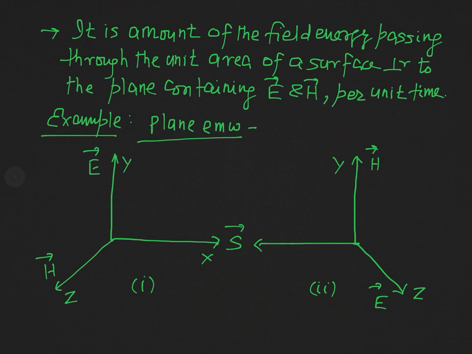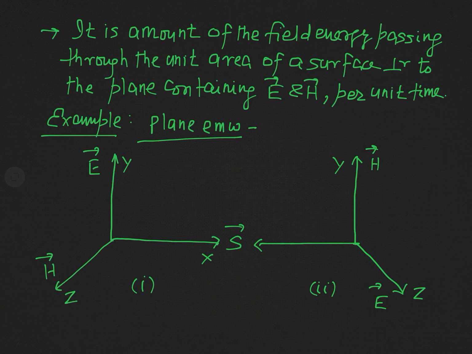As energy flowing per unit time is simply power, it is the power passing through unit area. And power passing through unit area perpendicularly is also called intensity. So in case of a wave, the Poynting vector is simply the intensity of that wave. We will see these facts in the physical interpretation of this vector.